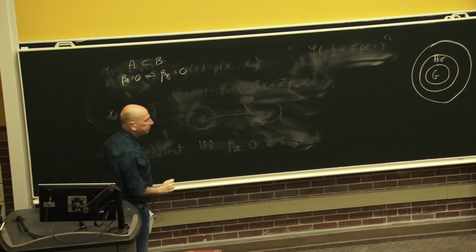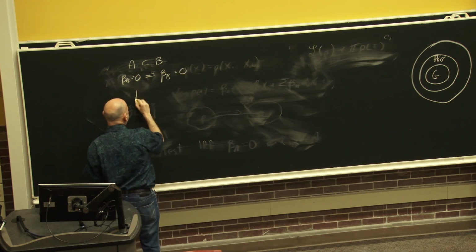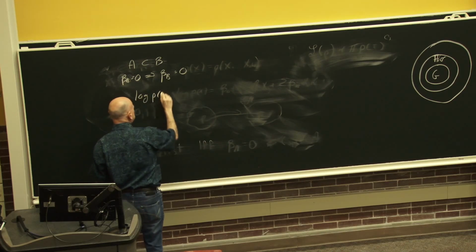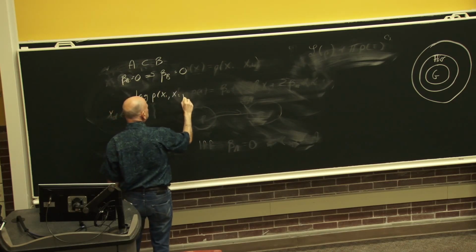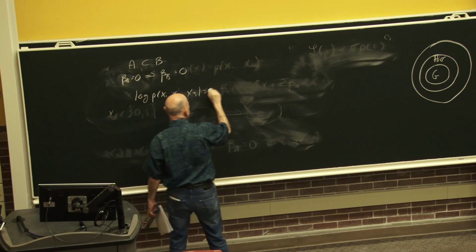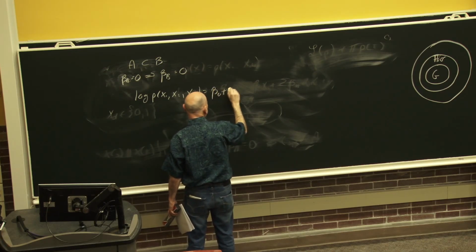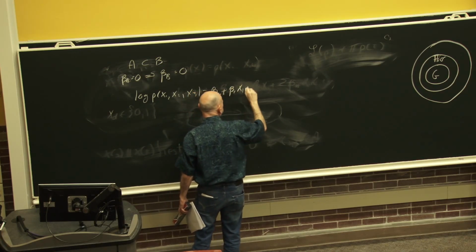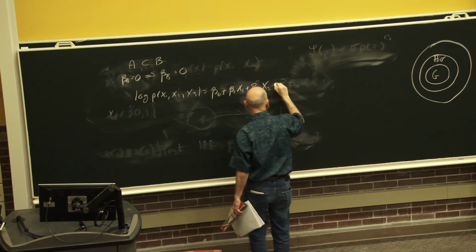So let me just give you an example of this. Let's go back to 3 variables. That's all we really need to illustrate this. And suppose I tell you the model looks like this. The true distribution has the following form.